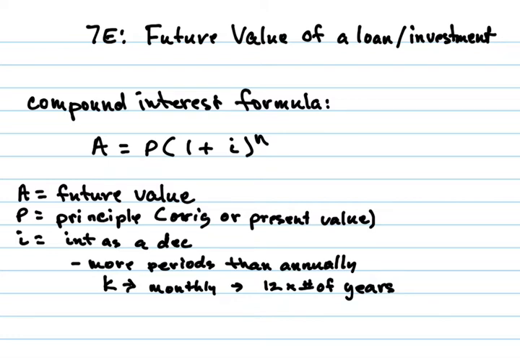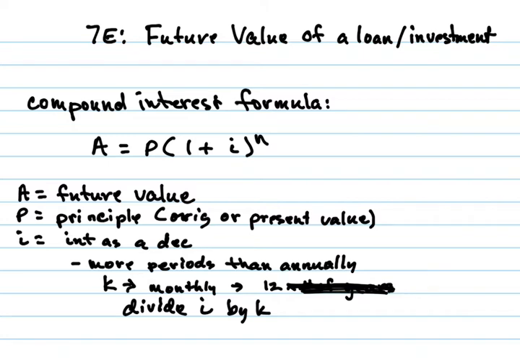So if I had the loan for 5 years, that means 60 periods. All right, so I'm sorry, I got a step ahead of myself. We haven't got to that yet. So you just divide i by K, and that'll give us our rate per period. Okay?